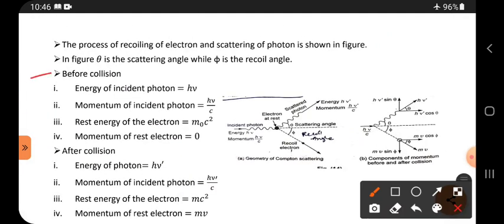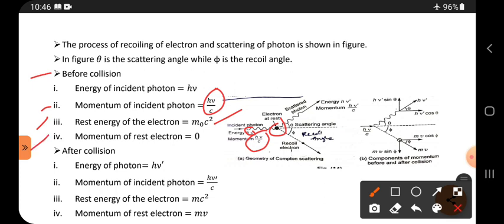Before collision, the energy of the incident photon is h nu. The momentum of the incident photon is h nu by c. The electron is at rest, so it has rest energy m naught c square, but no velocity.